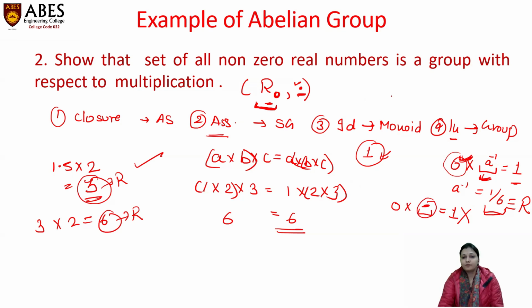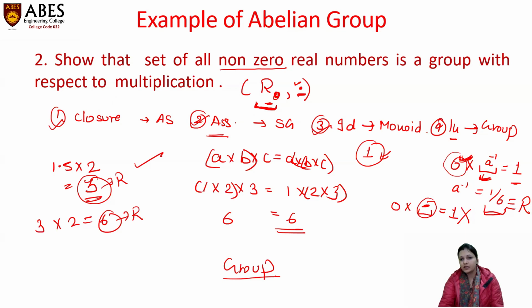Clear? If non-zero is not given in the question, then this is not a group. But as it is mentioned in the question, we are considering only non-zero real numbers, so all properties are satisfied.